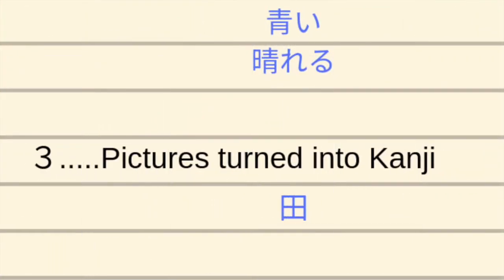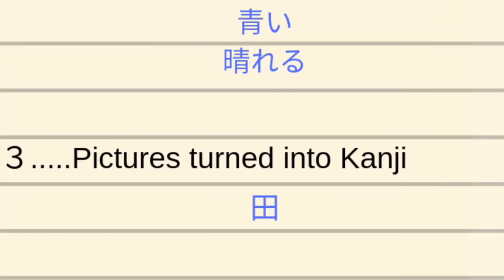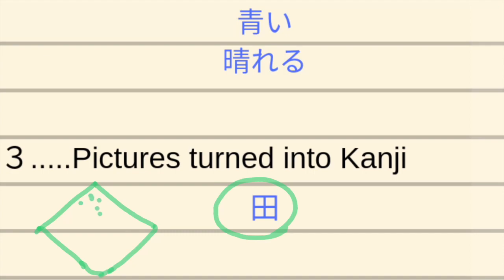The third rule is pictures are turned into kanji. Let us consider this as a rice field. Have you seen a rice field? Here we have the cultivation of rice, and in between we have the roads to move around for watering and for other related purposes.